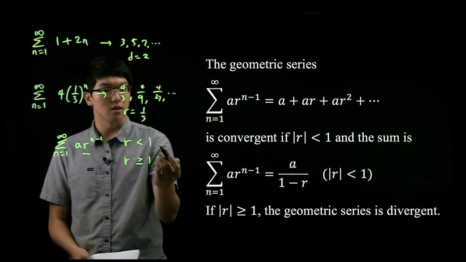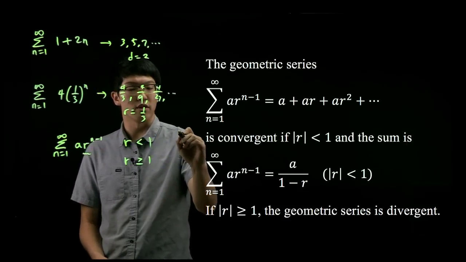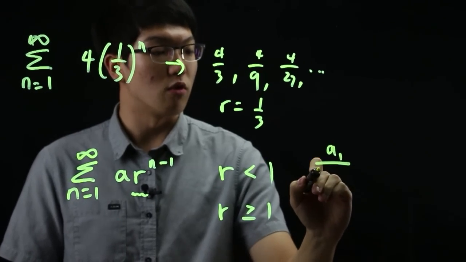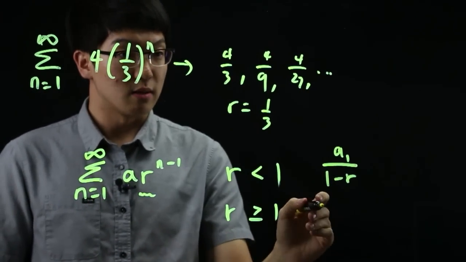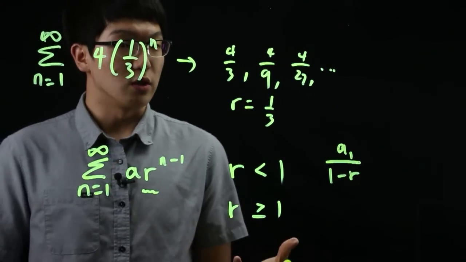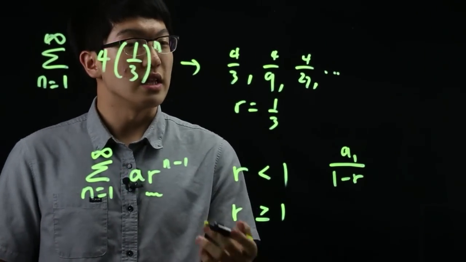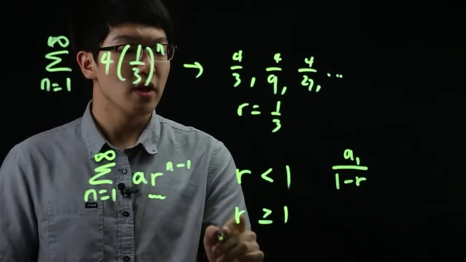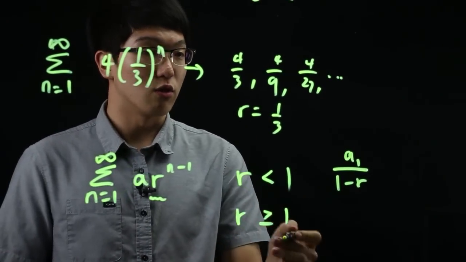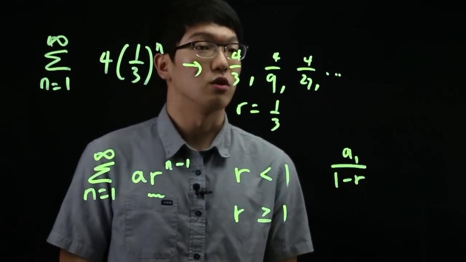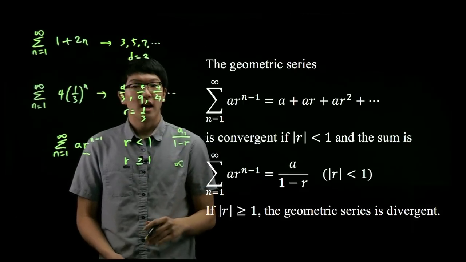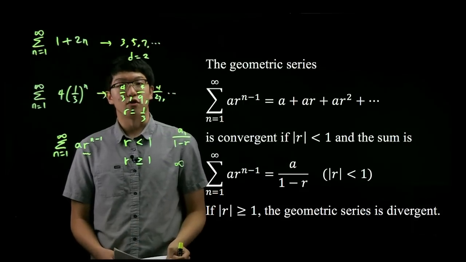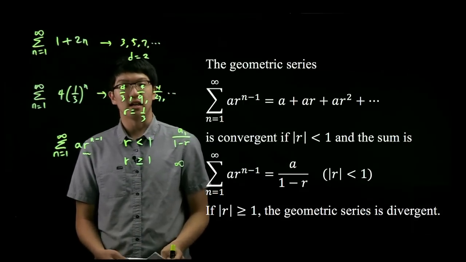When r is less than 1, because the sum can be written as a1 over 1 minus r, correct? So if we do get a sum, then we are going to say the series is convergent. So that's why r is important here. But when r is greater than or equal to 1, you learned that there is no sum for a geometric series. It's just going to be infinity. And as such, we're not going to get a convergent series, so we say that it's divergent.